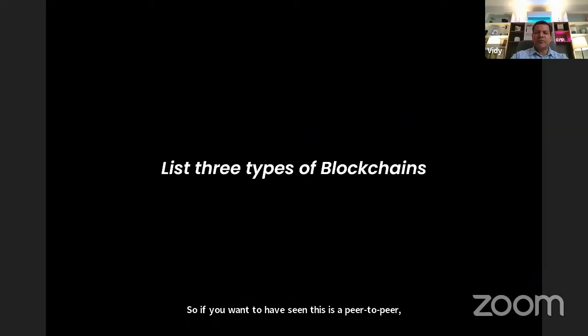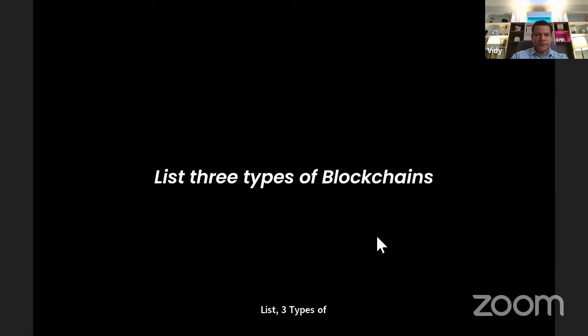List 3 types of blockchains. Let me see what answers you have got. So one answer is private, consortium, and hybrid. Who else has got another answer? Public, private, and consortium.